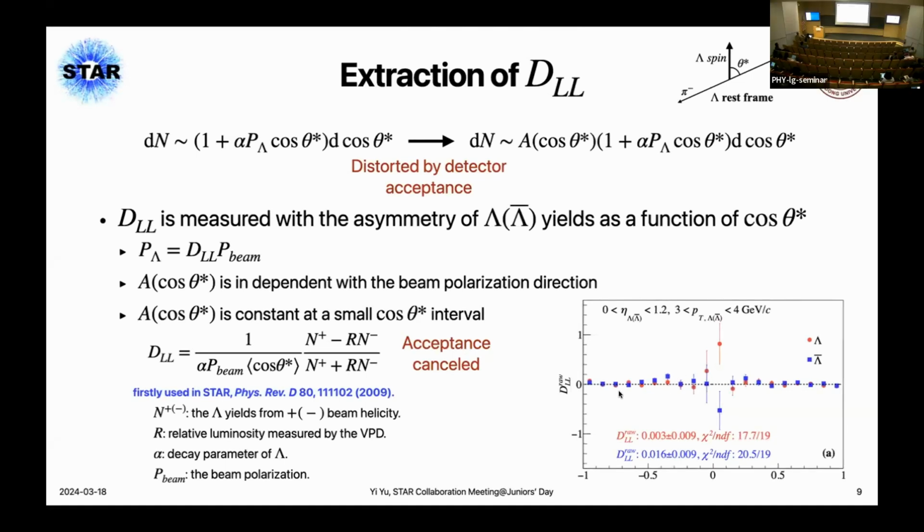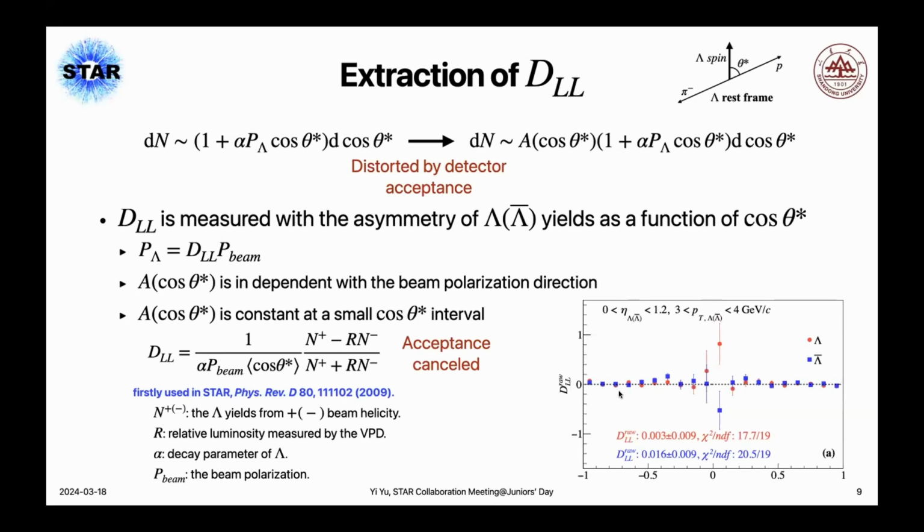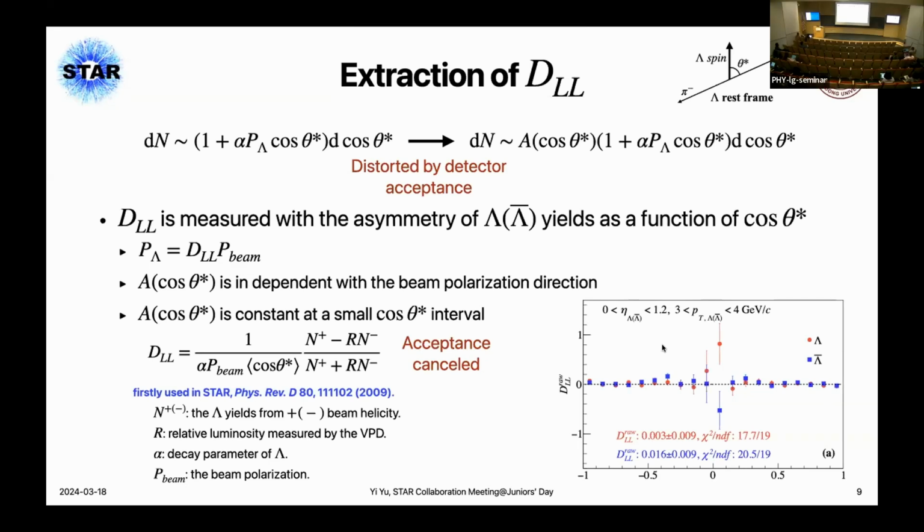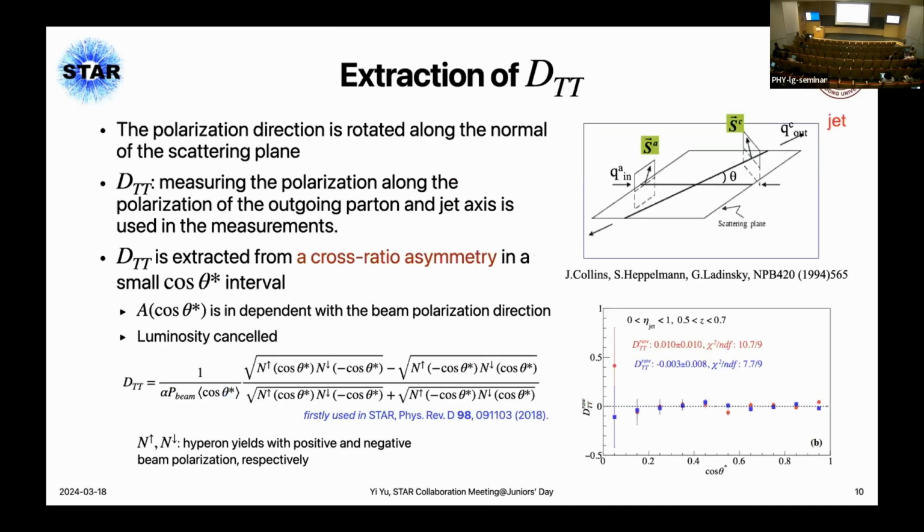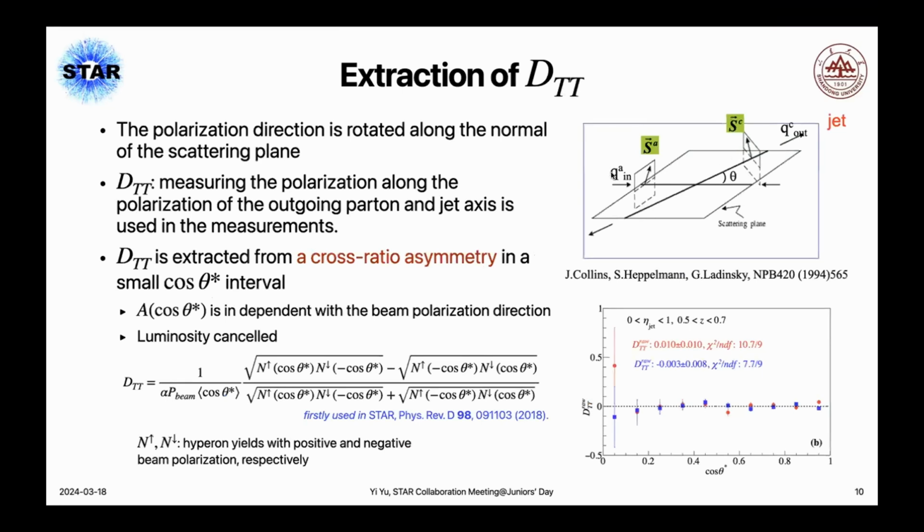And the right plot shows you an example of the DLL as a function of the cosine theta star for lambda pT from 3 to 4. As for DTT, the extraction is similar, but the polarization direction is different.